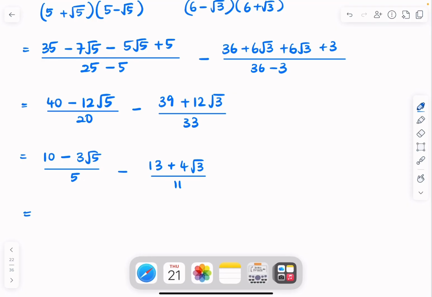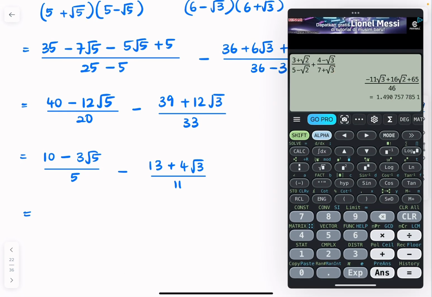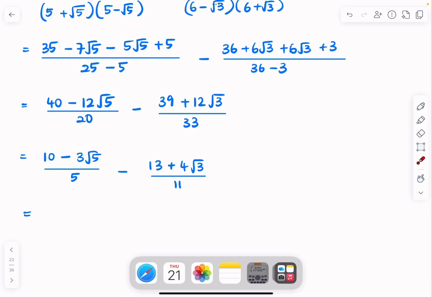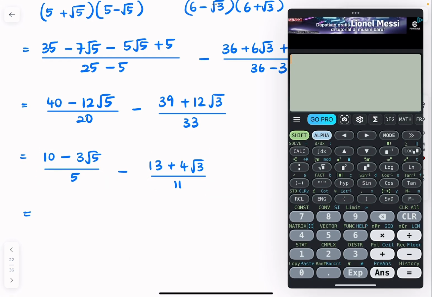This one just type calculator, no choice, because different denominators now. You can go ahead and cross multiply. So this whole thing times 11, this whole thing times 5. But I don't think you need to do that because you won't get any marks from that.